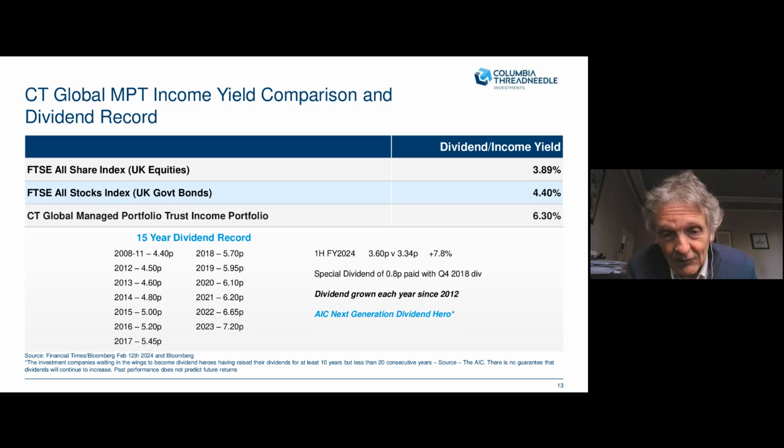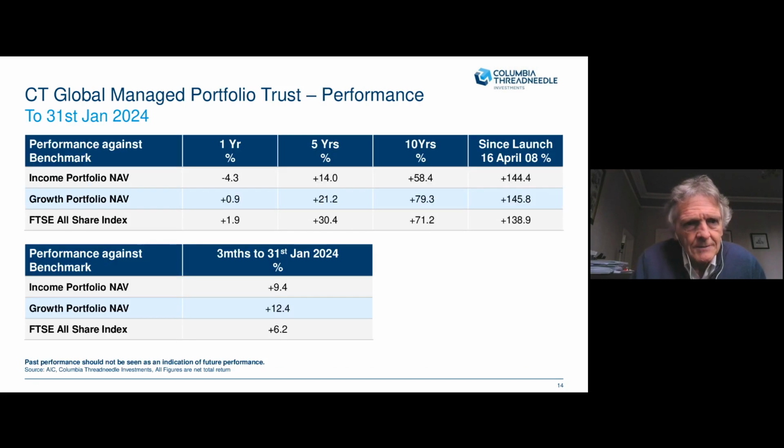And we are officially an AIC Next Generation Dividend Hero, which means you've increased your dividends for 10 consecutive years. But when you've got a yield of over 6 that is growing, now ahead of inflation, I think that's quite attractive. And one of the reasons why we have been issuing shares for the income portfolio. Anyway, that highlights for you what we've been doing on dividends.